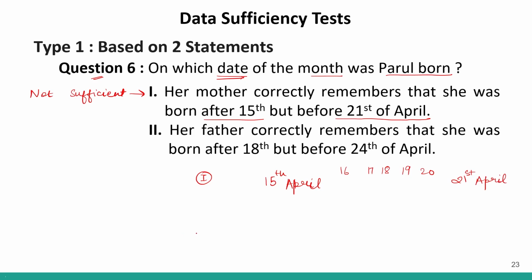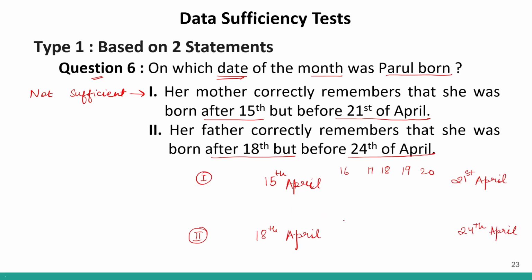Now, looking at statement 2. Statement 2 says that Parul's father correctly remembers that she was born after 18th but before 24th of April. So what are the possibilities?